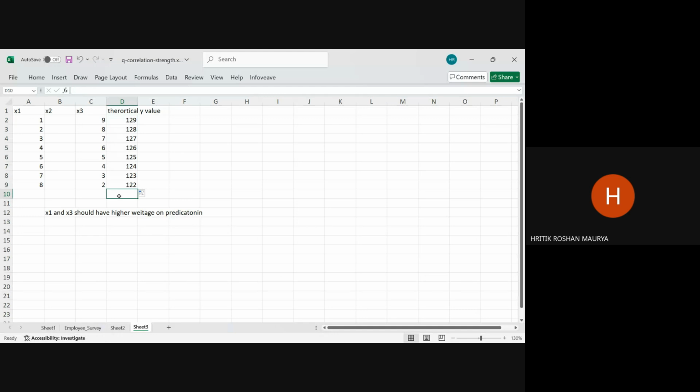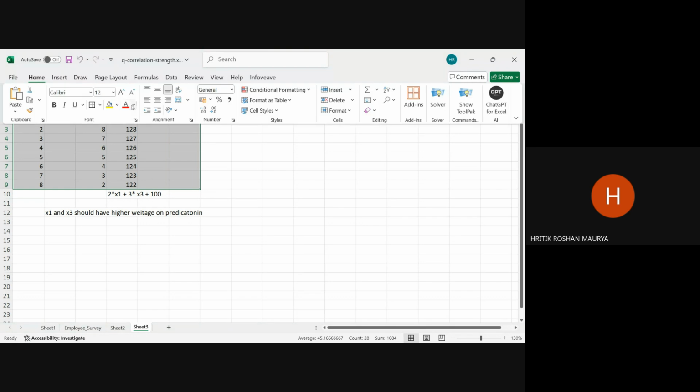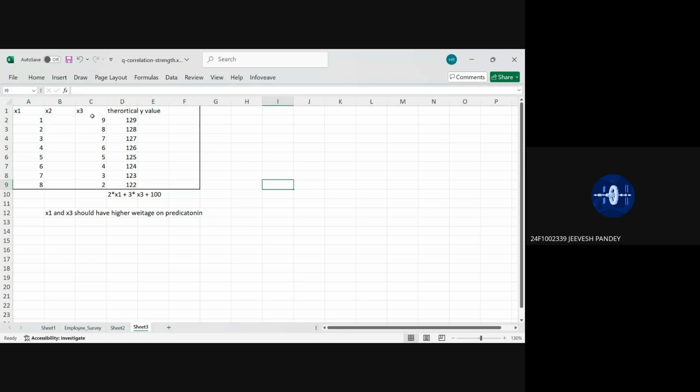I hope this y value is 2 times x1 plus 3 times x3 plus 100. I hope no one will have any objections to it. I hope I am audible. Yes, sir. And this x2 is just some random values.